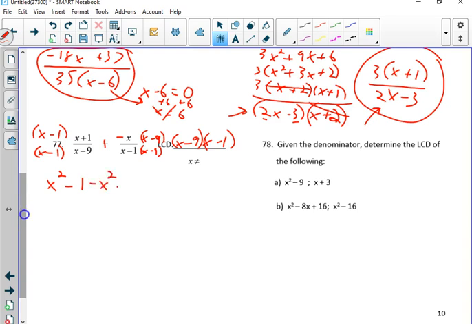Minus x squared plus 9x. All my x squareds cancel out. Oh, this is 9x, sorry. Negative x times negative 9 is plus 9x. So I'm left with 9x minus 1 on the top, and x minus 1, x minus 9 on the bottom, and my excluded values come from there, 1 and 9.